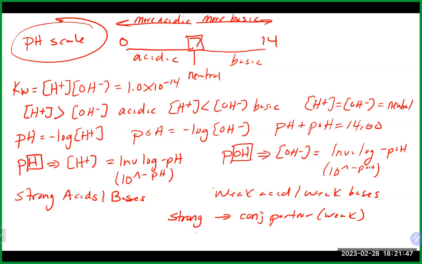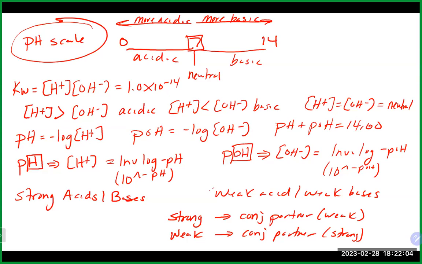And if it's a weak acid or a weak base, its conjugate partner on the other side is considered relatively strong. Again, not like a strong acid or base, but it will continue, as we'll talk about in this chapter, to react.